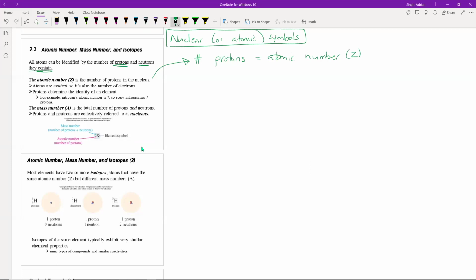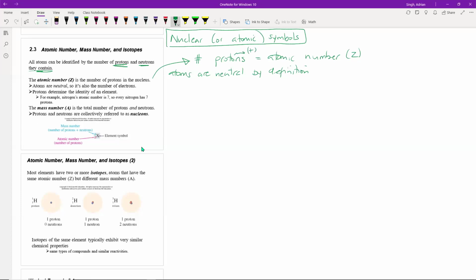Atoms, by definition, are neutral. Okay, when you say the word atom, you're automatically saying that thing is neutral. What does that mean? That means that your total positive charges must equal your total negative charges. So remember now, your protons carry a positive charge.